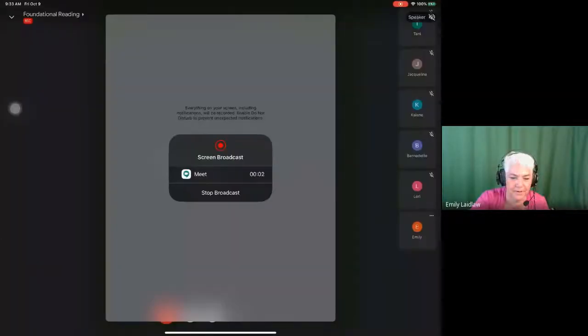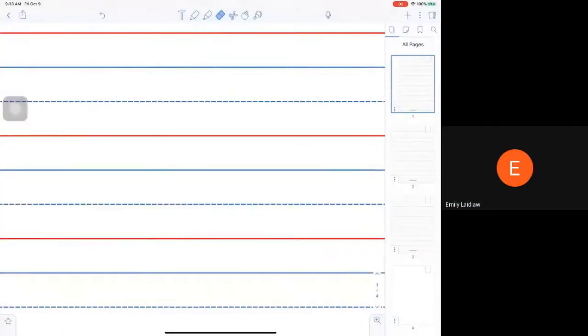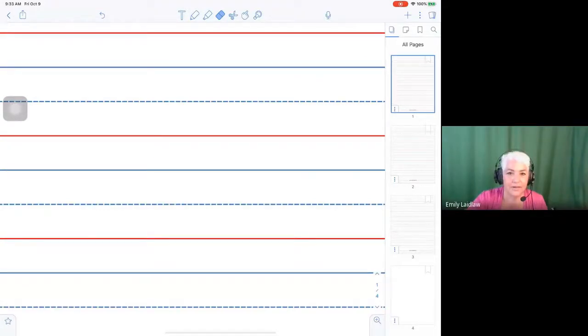Why, share screen, there it is. Please let me know when it pops up. Sometimes I don't see it pop up. Is it popping up? Okay.